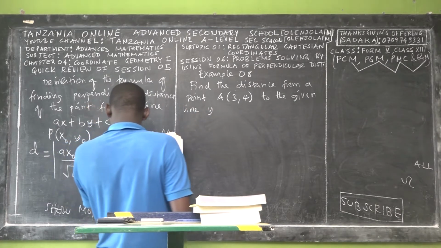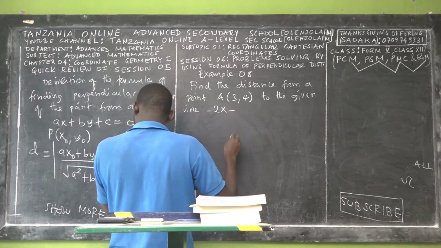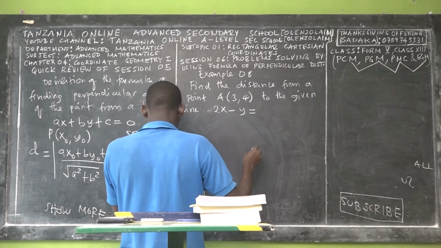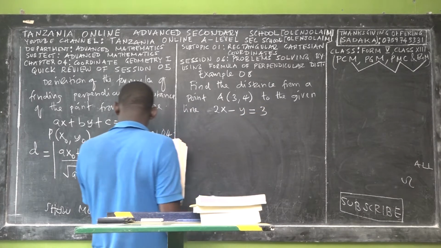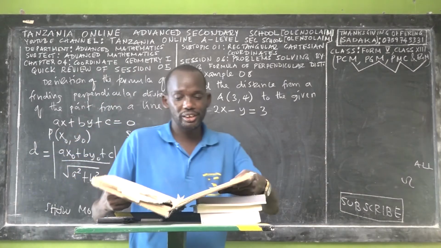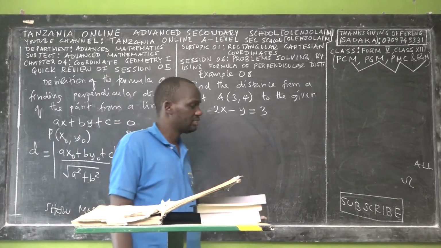This given line is 2x minus y equals 3. That's the question. The question didn't limit us to use the perpendicular distance, but we have the freedom.